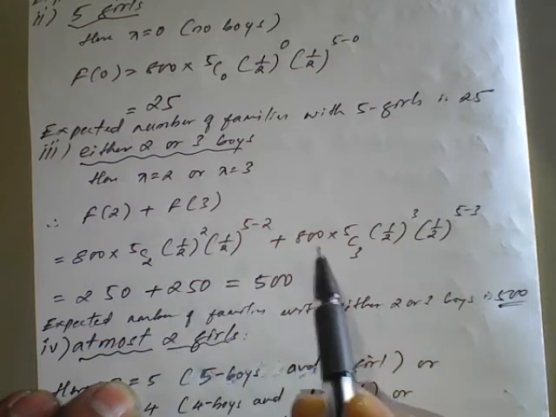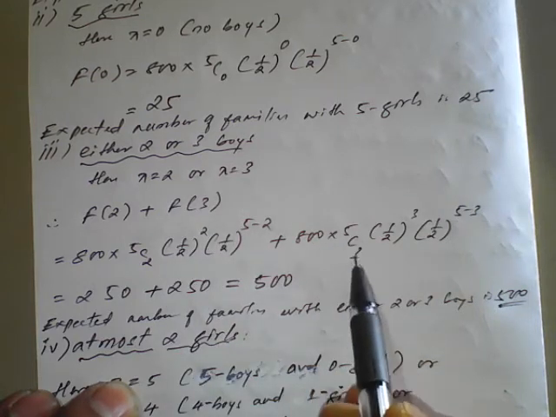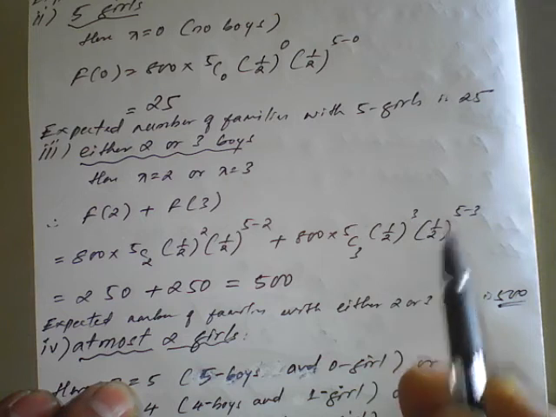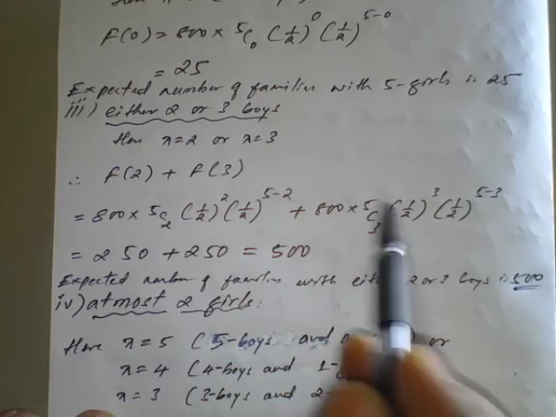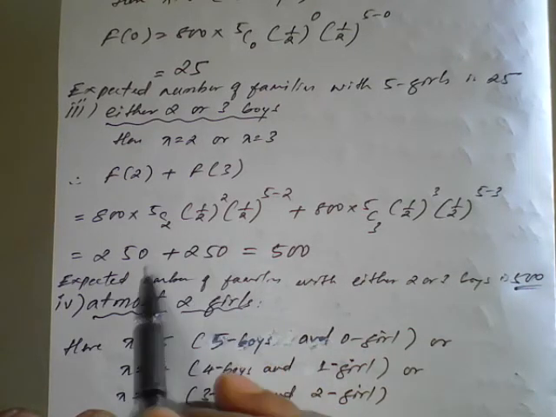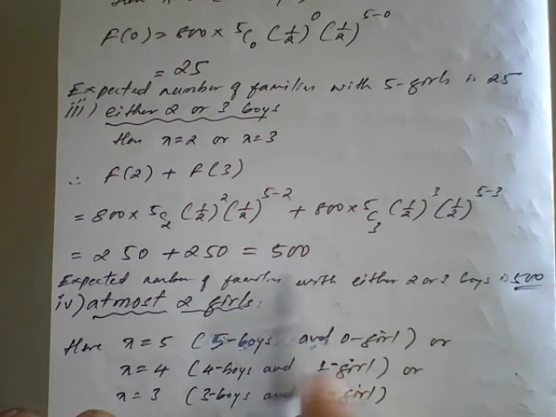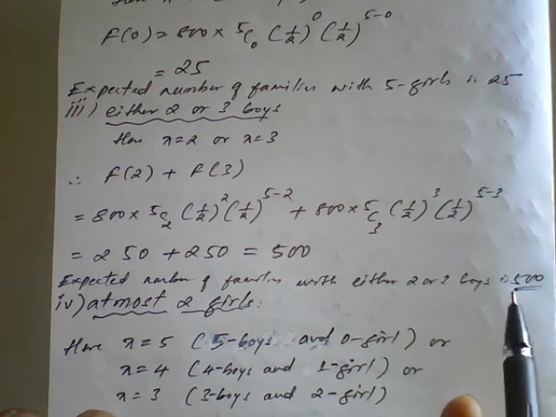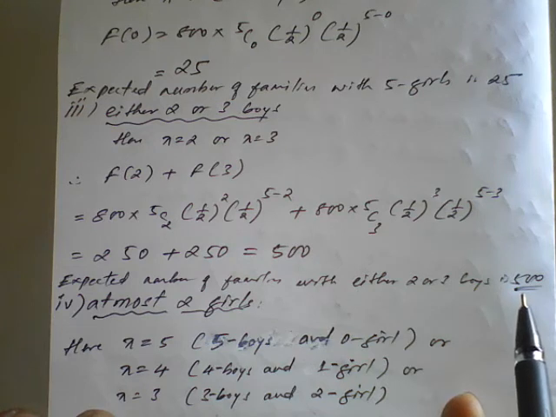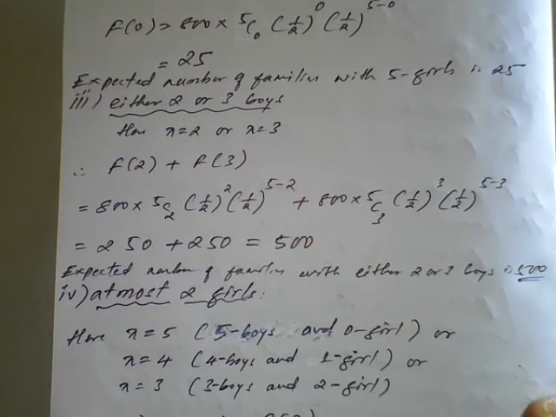Similarly, f of 3 will be 800 into 5C3, 1 by 2 raised to 3, 1 by 2 raised to 5 minus 3. On simplification, the first result is 250, the second result also is 250, so 250 plus 250 is 500. Therefore the expected number of families with either 2 or 3 boys is 500.